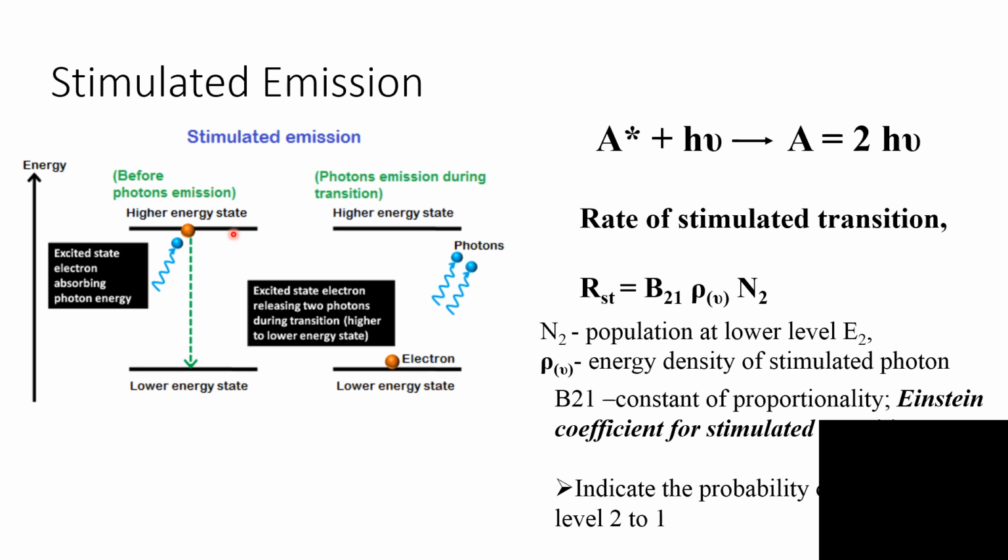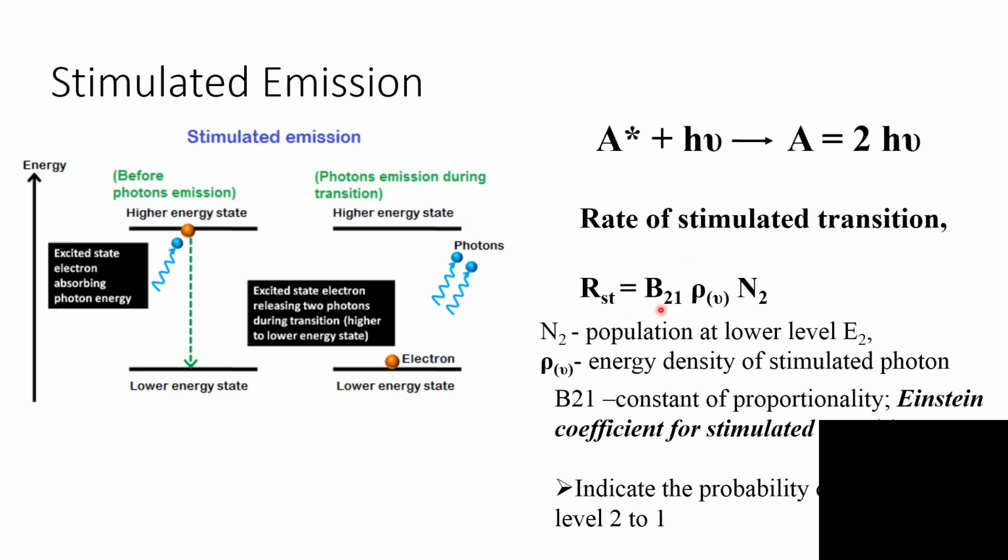If the population is very low, stimulated emission will not happen. Then the photon coming in, instead of causing emission, will get absorbed if we have very high population in the lower energy level. We don't want the photon to get absorbed, so we need high population in the upper energy level.